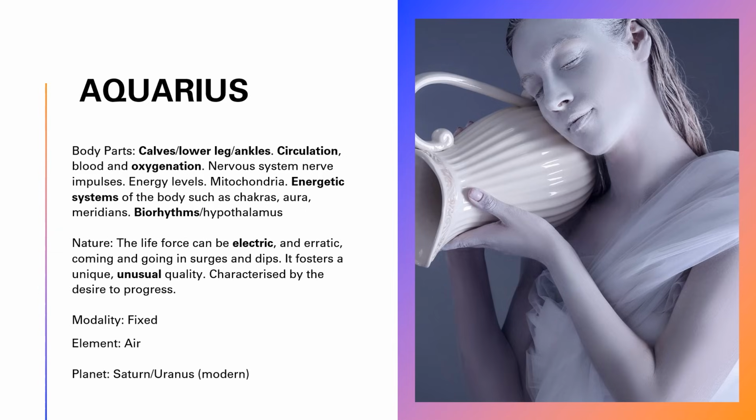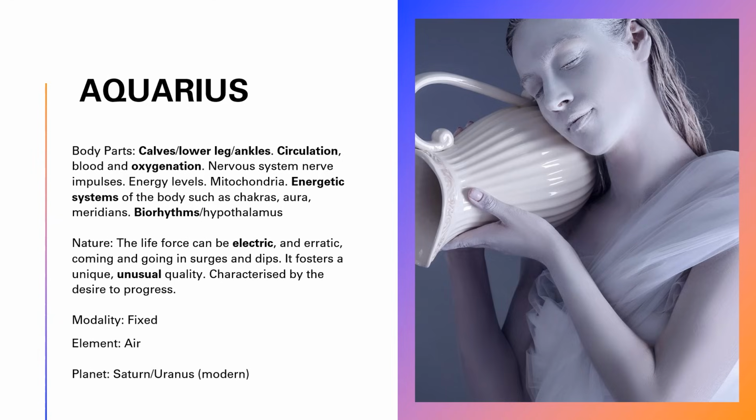It fosters a unique and unusual quality, and it's characterized by the desire to progress. One explanation of the Aquarian energy that I was given, which I liked, was how the soul and the spirit fits into the human vessel, if that makes sense.